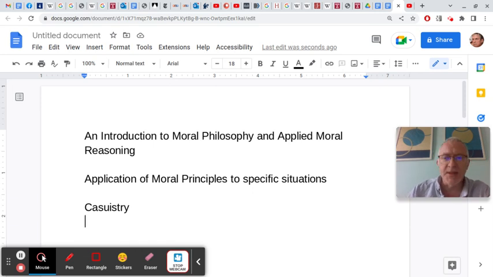Let's just say that's our basic principle. But how is that best applied in a specific situation? That's the difficulty, and that's really what the course is about, practicing that. If we have some basic starting points in terms of what we believe to be true about morality, how do we apply them in specific situations?